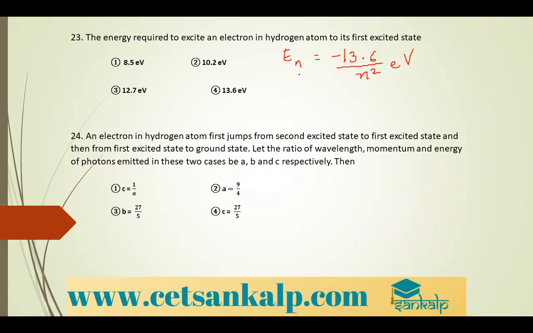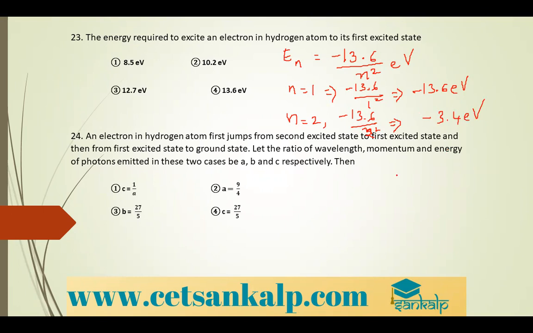If it is the ground state, n is equal to 1, so it is minus 13.6 divided by 1 square, that is minus 13.6 electron volt. Then for the excited state, n is equal to 2, so minus 13.6 divided by 2 square, so you'll be getting minus 3.4 electron volt.